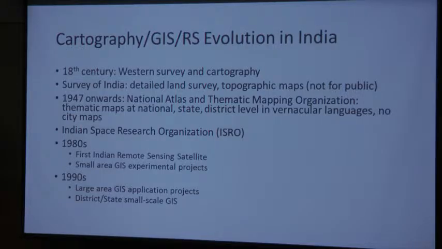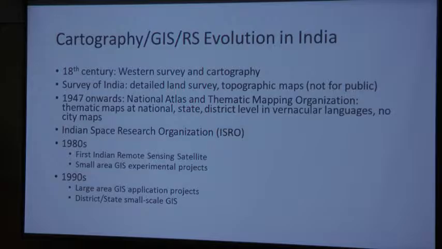What is also exciting is that there's been a lot of work being done in the GIS sector. Now, India has always had a big, rich history of mapping, and I'm not even going to go through the history, but Western cartography and surveying was introduced in the 18th century. As a result, unlike perhaps some developing countries, when India gained its independence, it had a very well-established Survey of India which had conducted detailed land surveys and topographic maps.